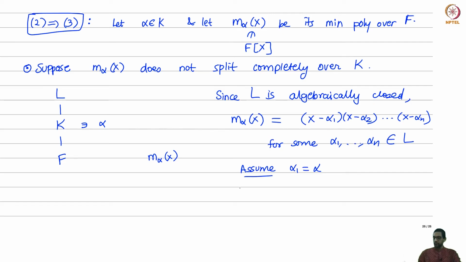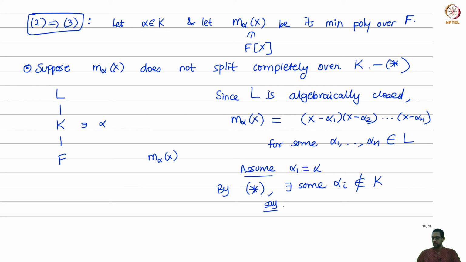So by assumption, let me call this star by star, there exists some alpha i which is not in K. Let me just call it alpha 2.